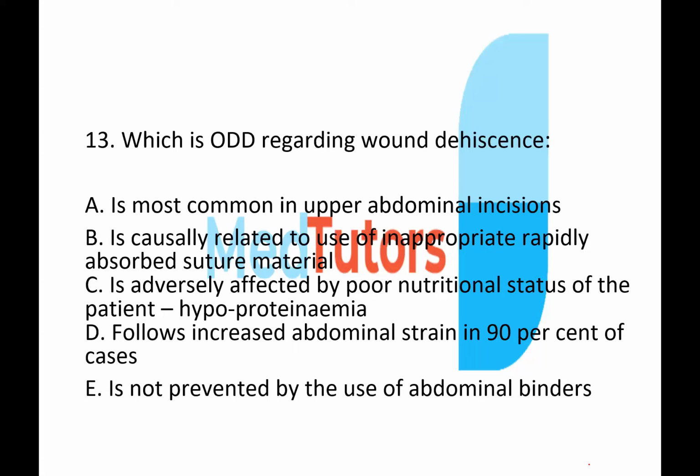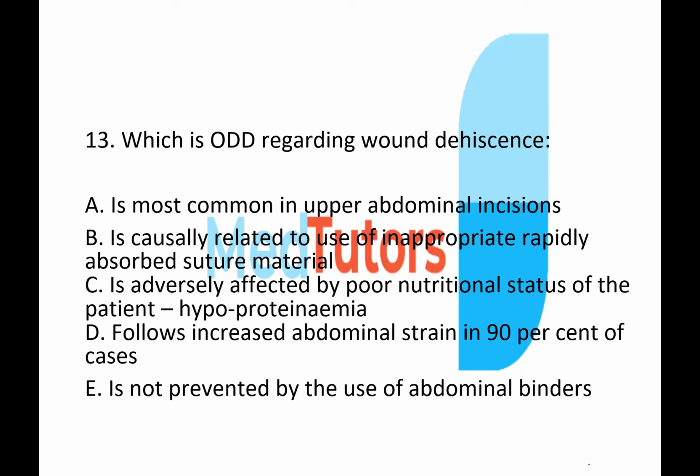is also true. It's causally related to use of inappropriate rapidly absorbed suture. If you use Vicryl, the absorption is 90 to 120 days, and the fascia attains 80% of its tensile strength in 2 years. And you are using a suture that is absorbed in 90 days to suture a fascia, so it will break down.